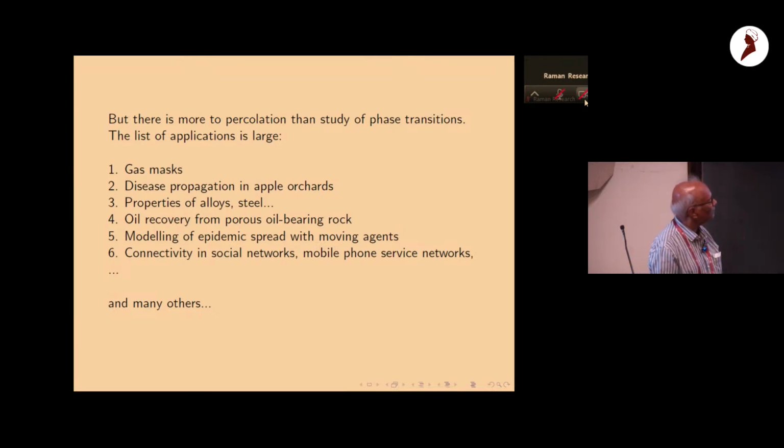Hammersley himself proposed a second application of the general idea. There is an orchard of apple trees, and the trees can be healthy or infected. If there is an infected tree, it can infect its neighbor. They found that if the trees are close by, the infection occurs more often; if they are separated, it occurs less often. So when planting trees, I would like to adjust the spacing so that infection doesn't spread too fast.